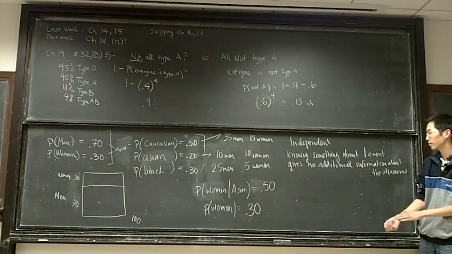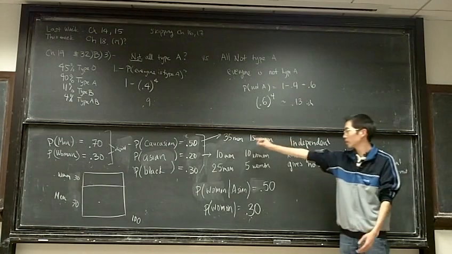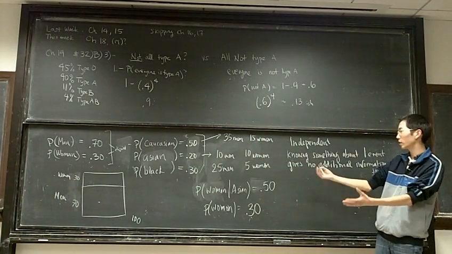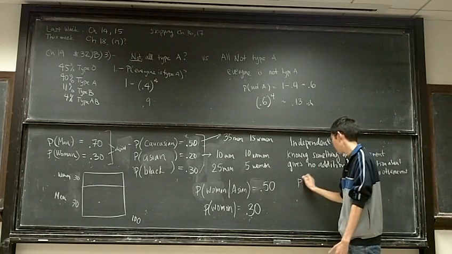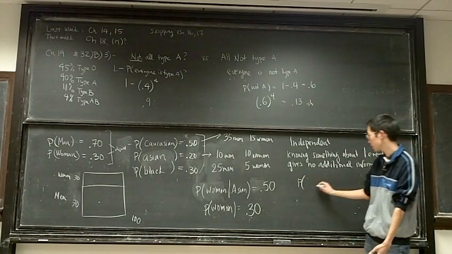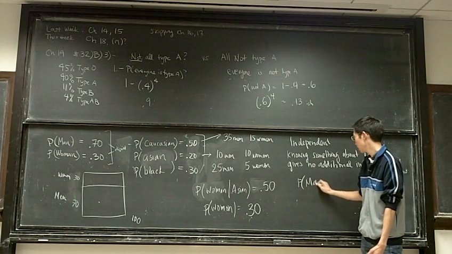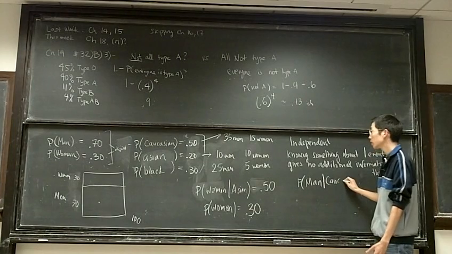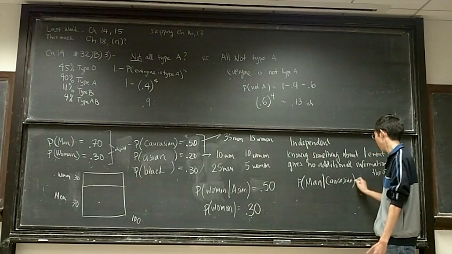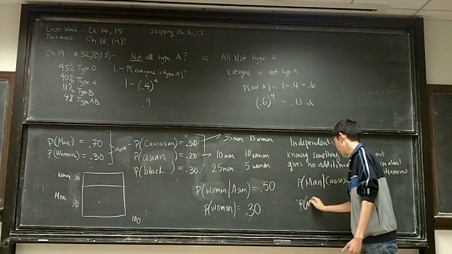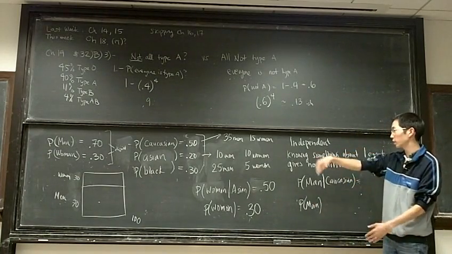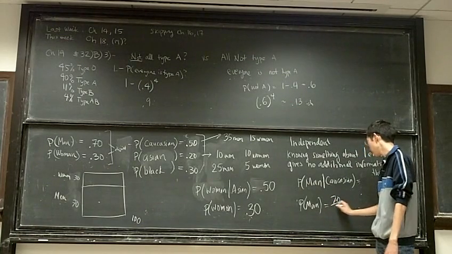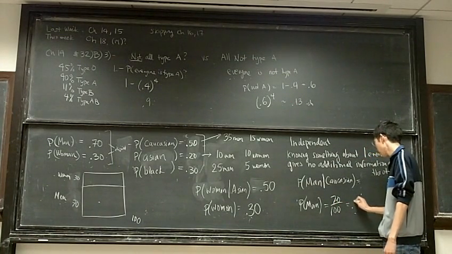If we were to look, however, at the event of someone being Caucasian and being a man, we could say the probability of selecting a man knowing that the student is Caucasian, and then the probability of selecting just a man in general. So the probability of selecting a man in general, out of 100 students, we have 70 men. So 70 out of 100 is 0.7.